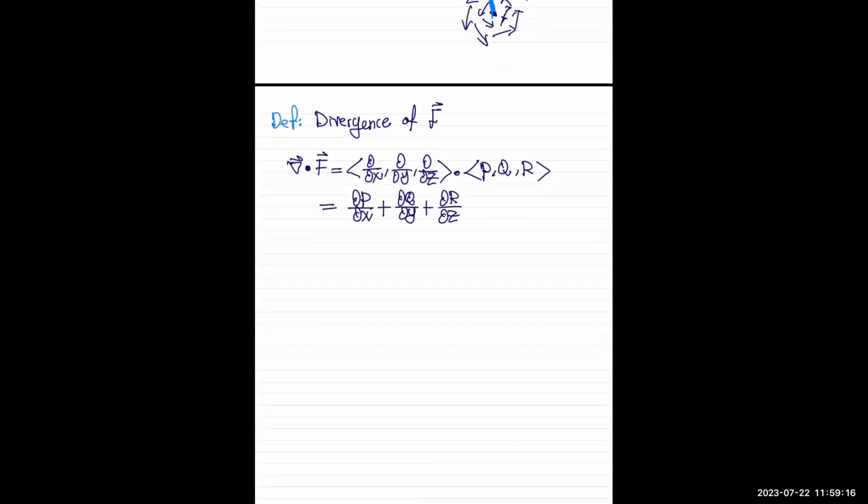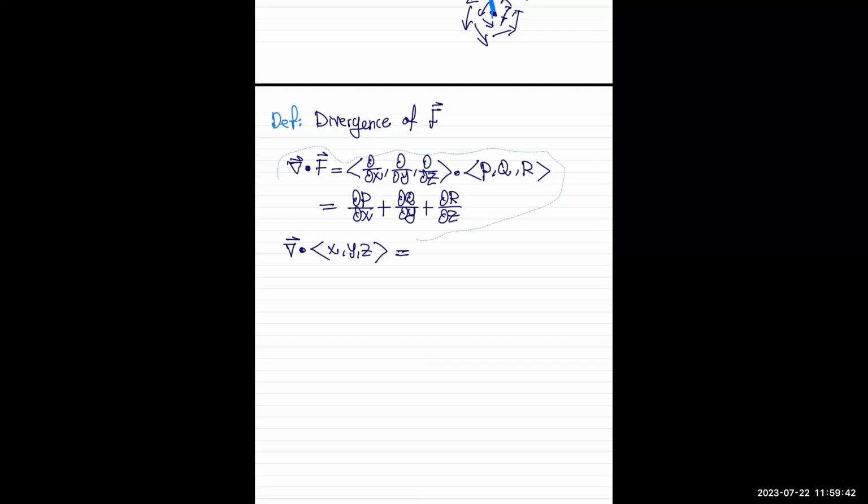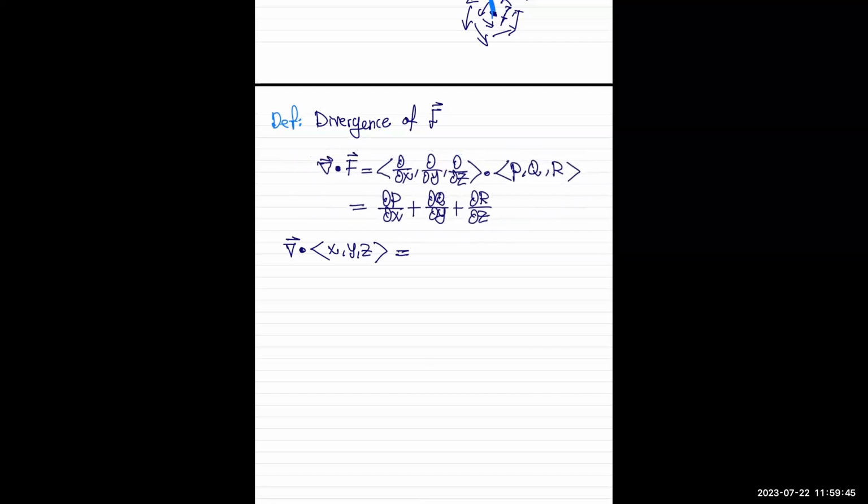Okay, so for example, let's say we want to do the divergence of the vector field x, y, z. Did I say curl? That is the divergence. And by the way, you can write that as div F. The divergence of F is denoted by div F.